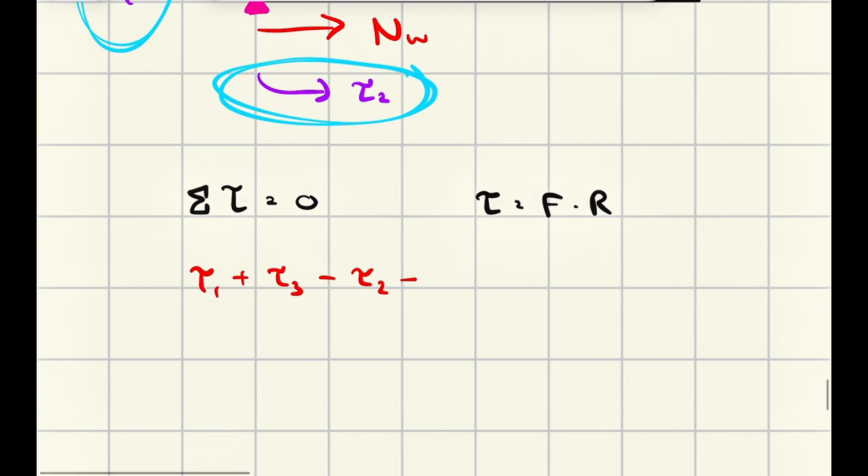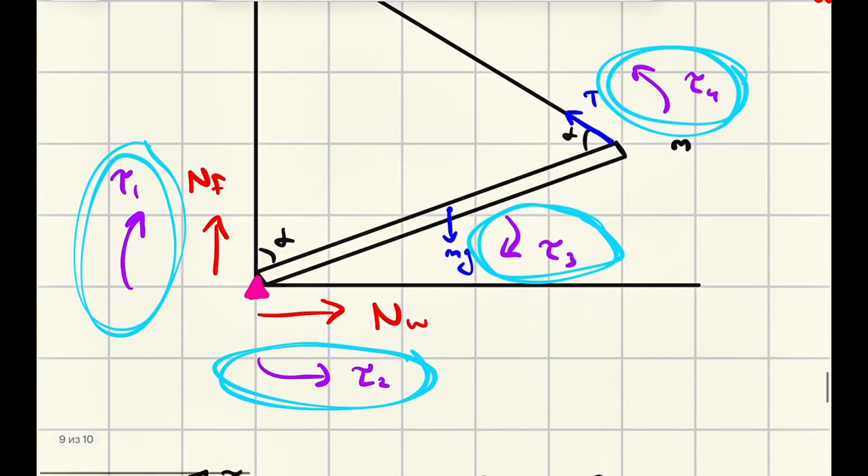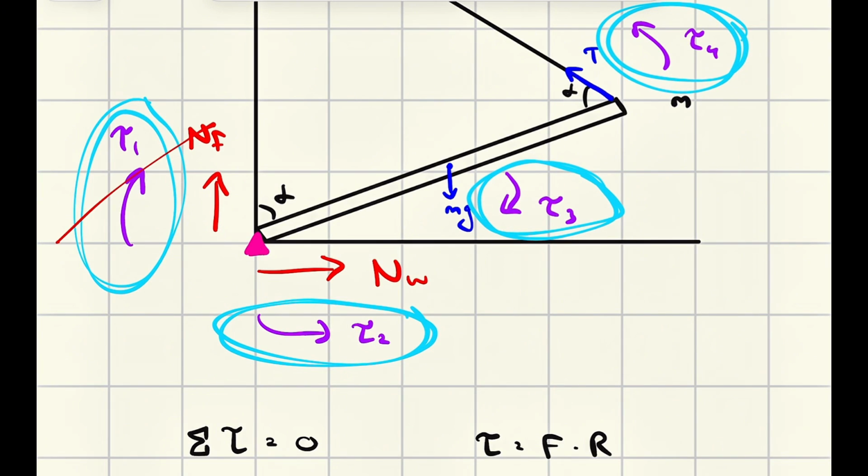The same thing goes for torque 4, and it goes to 0. And we can move both torque 2 and torque 4 to the opposite side. It's going to be torque 1 plus torque 3 equals torque 2 plus torque 4. Yeah. And if we open this up, we don't have to open up torque number 1, torque number 2. Why?